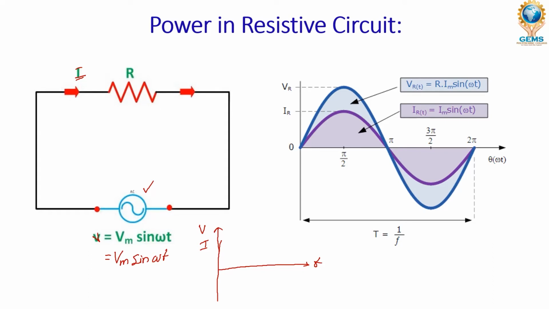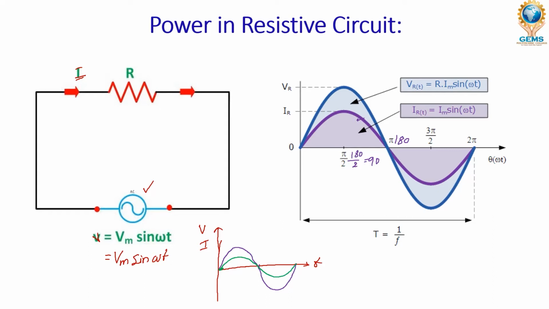Here we take pi, which means 180 degrees, and pi by 2 means 180 by 2, that is 90 degrees. So the waveform is like this. This is the voltage waveform, and you can see the current waveform also. The current waveform is just in line with it, starting at the same point, going like this, ending at the same point, and again in the negative sequence also starting and ending at the same point.